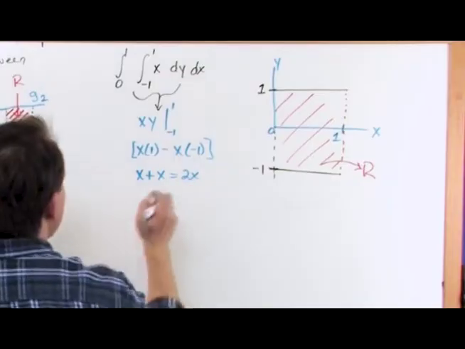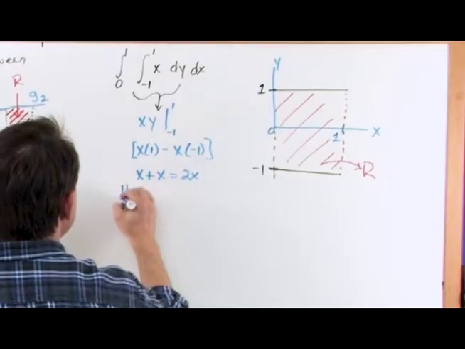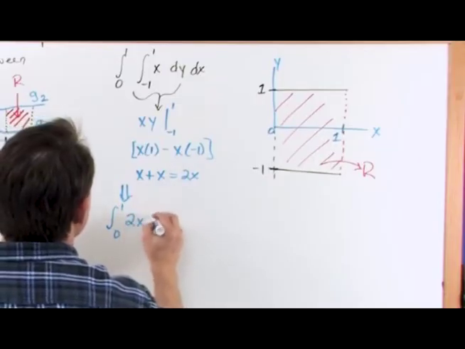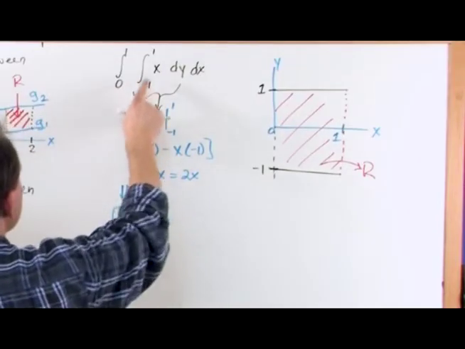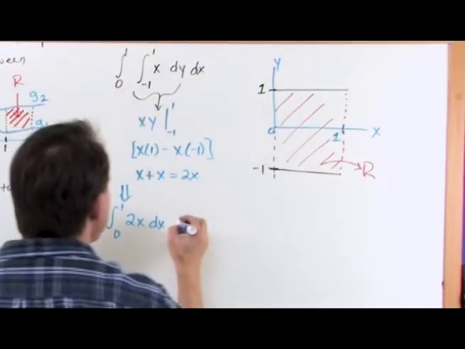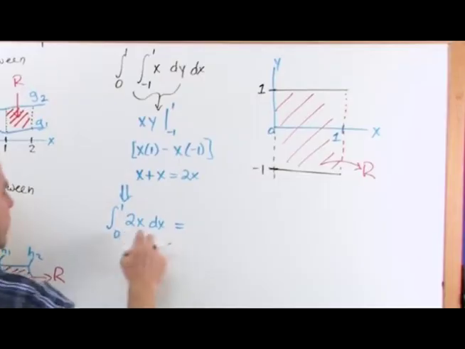Now, the result is plugged into another integral like this, because the original integral had dx out here. We're going from 0 to 1, and we have to integrate this. This is just a straight regular old integral from Calculus 1.